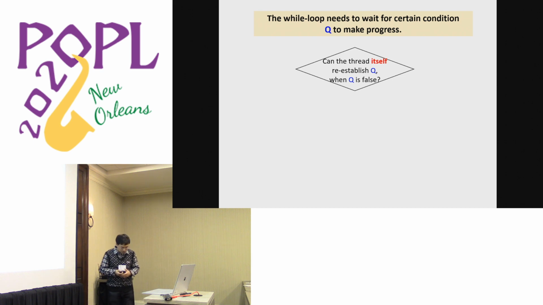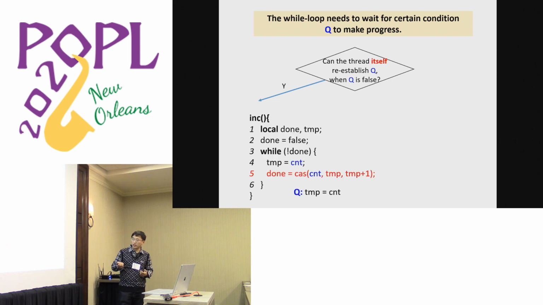But after we find this Q, the first question we need to ask is, since it could be made false by the environment, can the current thread itself reestablish Q when Q is false? This is important. If the answer is yes, like in this example, if Q is false, we fail and do another loop iteration, so we redo the snapshot step.